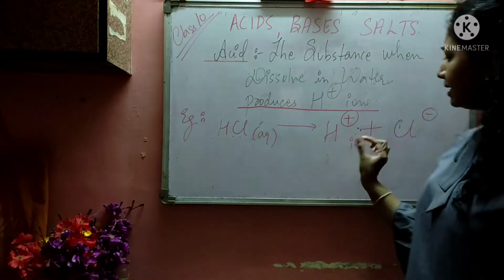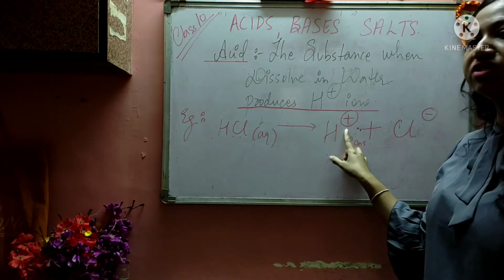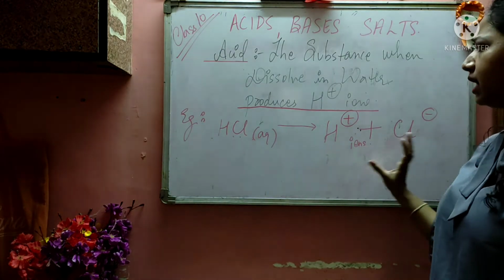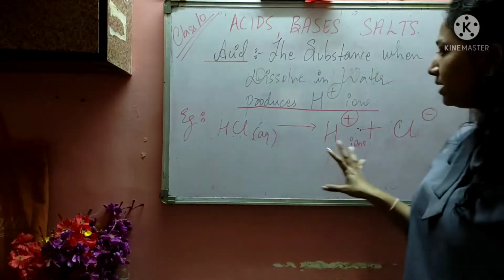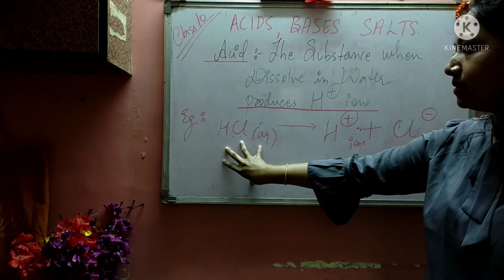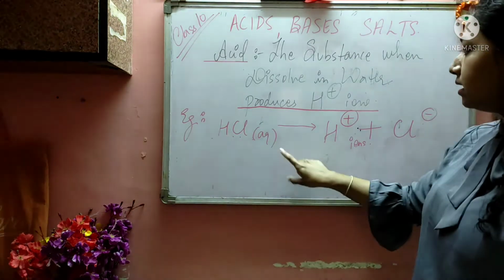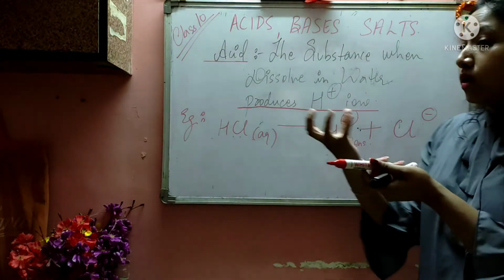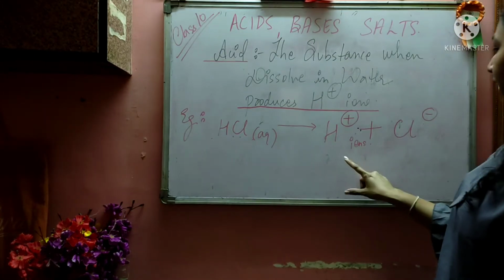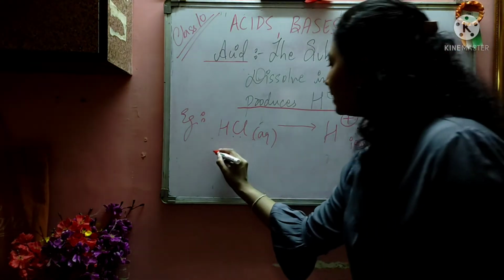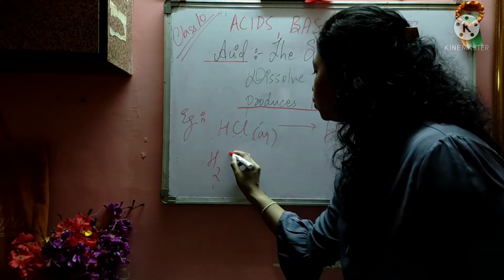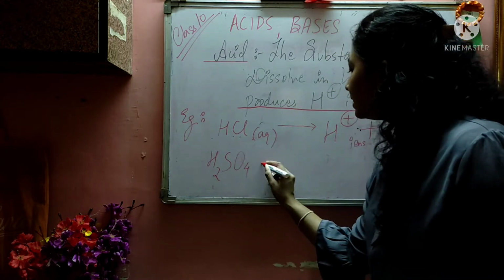The ions are the ones which carry positive and negative charge. This we'll see in our coming videos, but at present, when HCl is in aqueous medium, it dissociates into H plus ions and Cl minus ions.